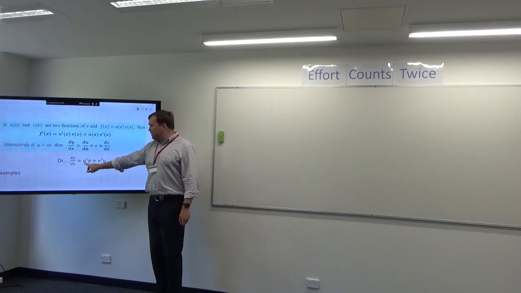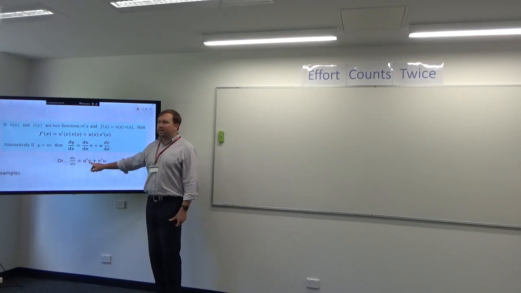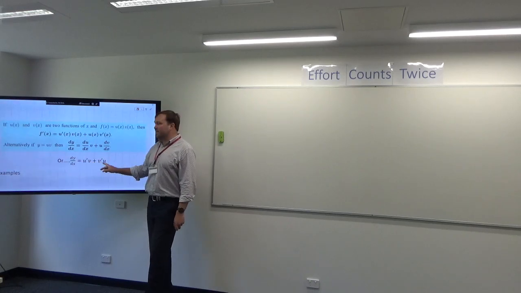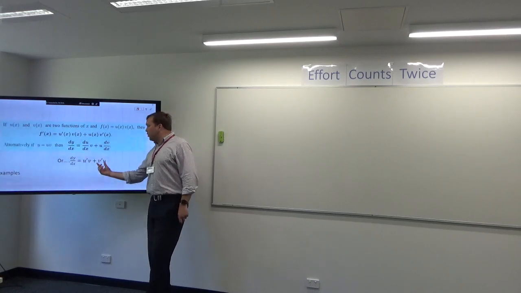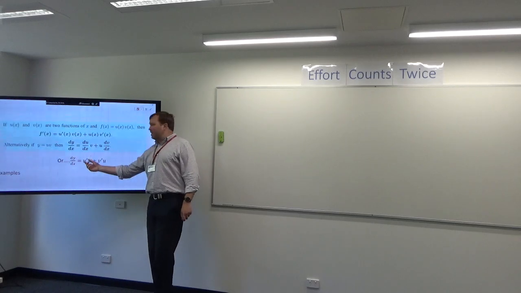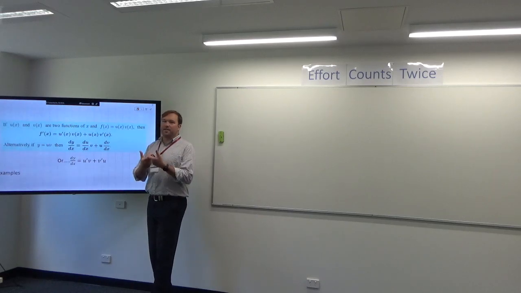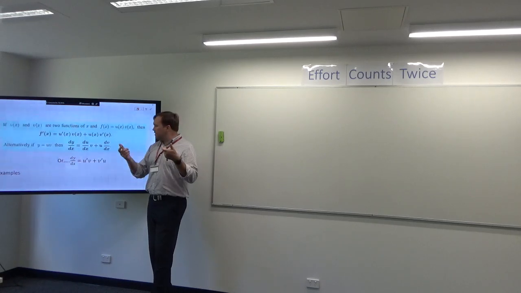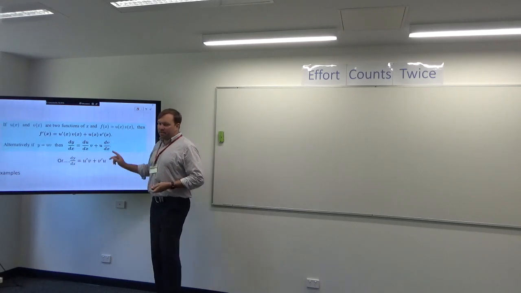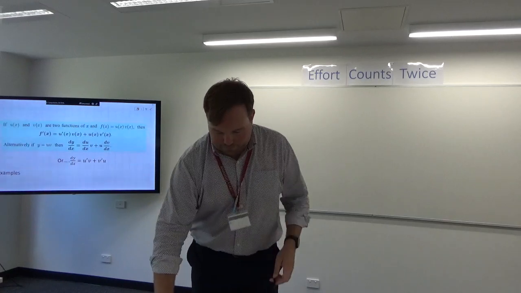Basically, it's the derivative of the first multiplied by the second, added to the derivative of the second multiplied by the first. The order you do this pair in doesn't matter, as long as the combinations are the same. So it's a matter of spotting the fact you've got two functions multiplied by each other, identifying them as u and v, and then setting the derivatives, and then using the formula. So, I'll show you some examples.